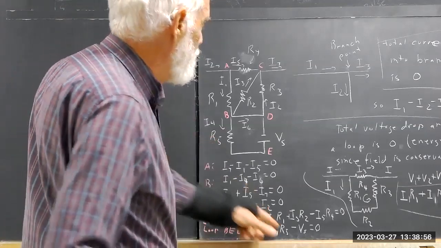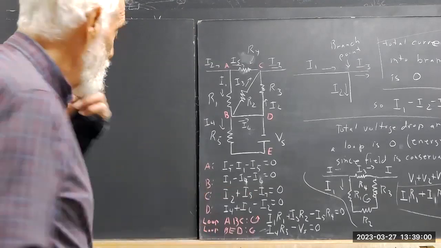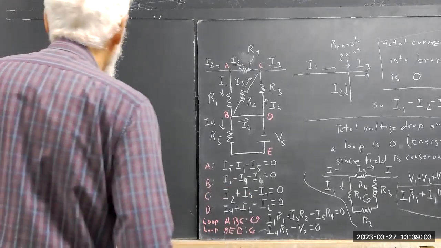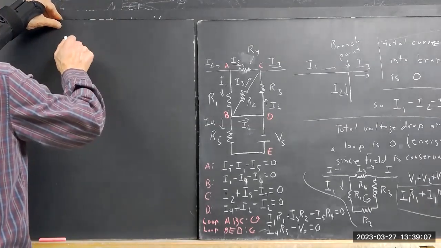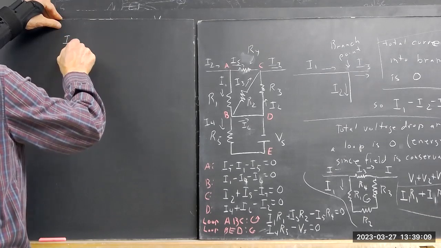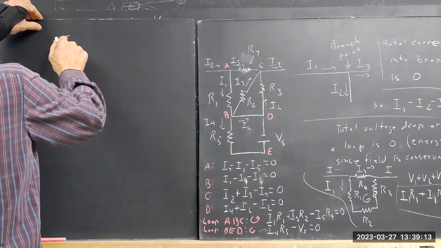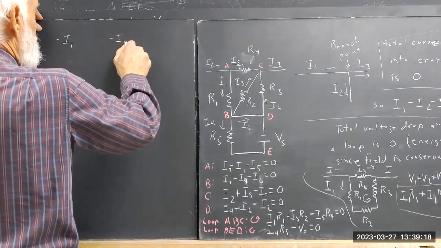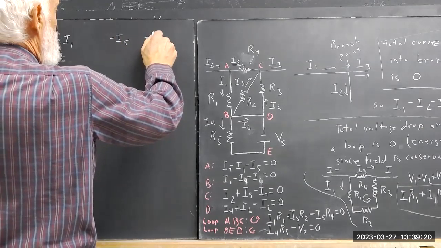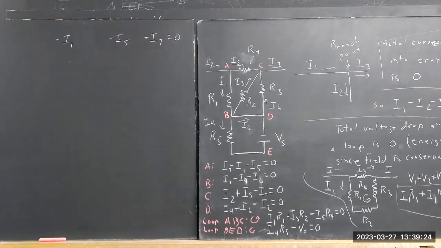We want to clean these up a little bit, and we want to leave space for 7 variables. So I'm going to start with the A. Okay, I have negative I1. Then we're going to have minus I5. Plus I7 equals 0.